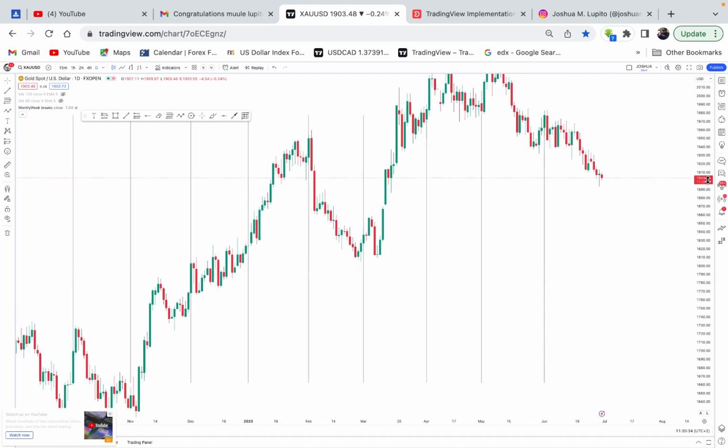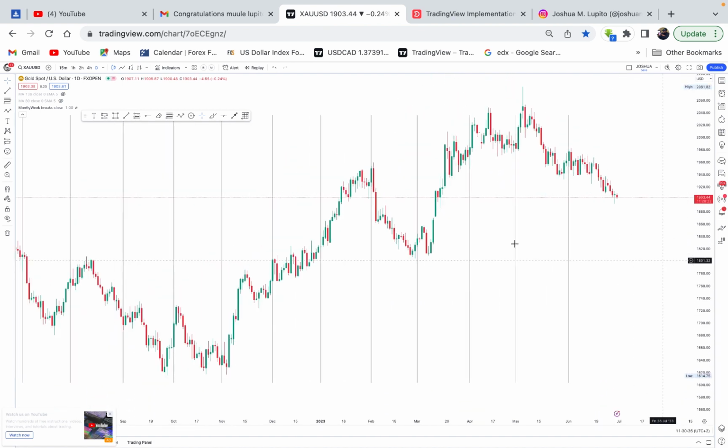As we can see here, gold has wiped out this low, or rather this zone or area of resistance or support. This was acting as a strong area of support, zone, whatever you like to call it.